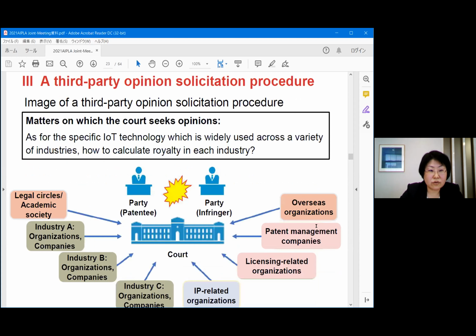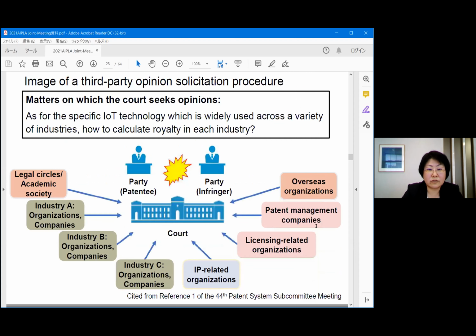And this slide shows the image of a third party opinion solicitation procedure. There are two parties, patentee and infringer. They are fighting each other in a patent infringement case. And the court decides the opinion solicitation and determines the matter on which it seeks opinions.